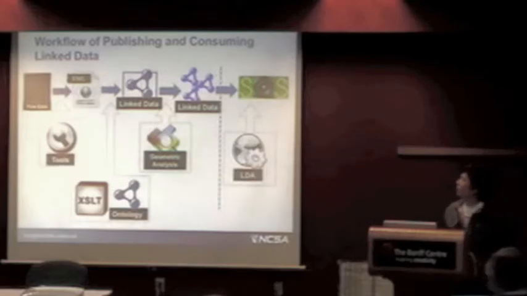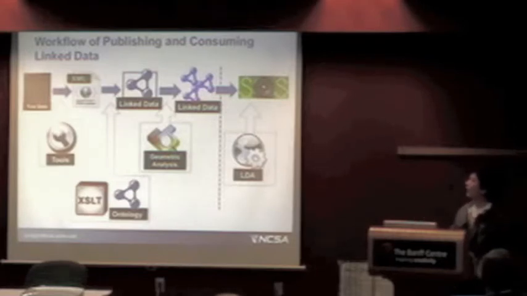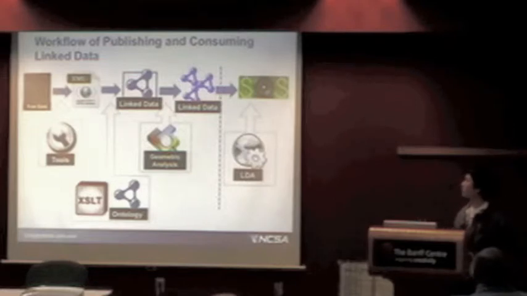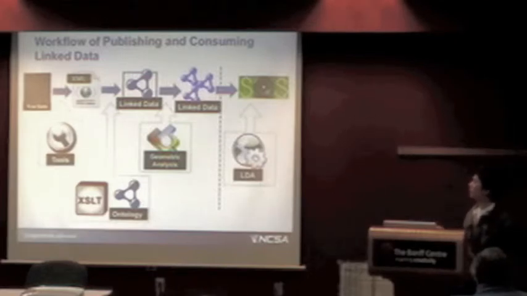Here is the workflow. We can see the raw data on the left is converted to XML. If some of the data are already in XML, this step is unnecessary. And then we use the style sheet, XSLT, and ontology to process this XML. In this step, we do multiple things, such as annotating semantics, making outgoing links, and checking provenance.